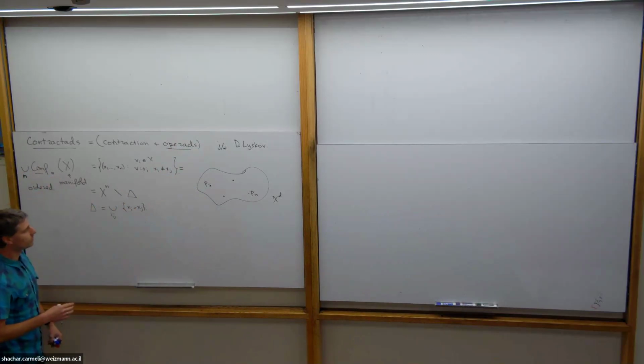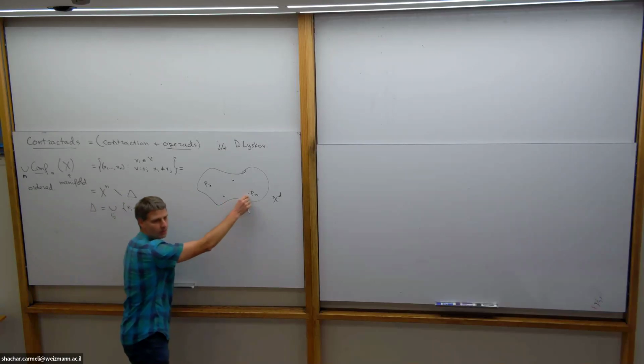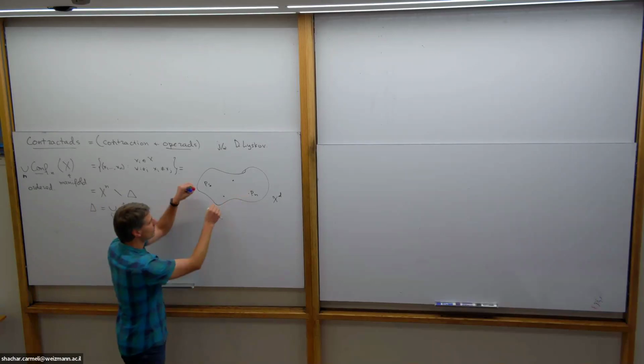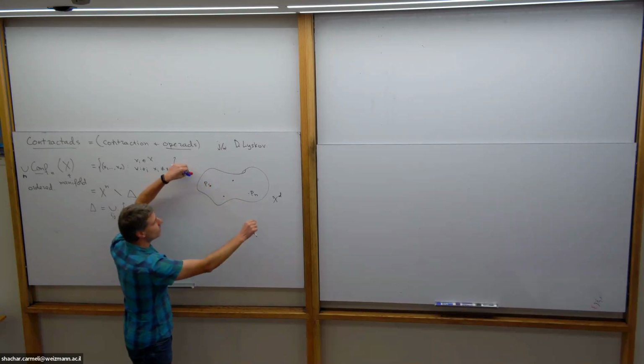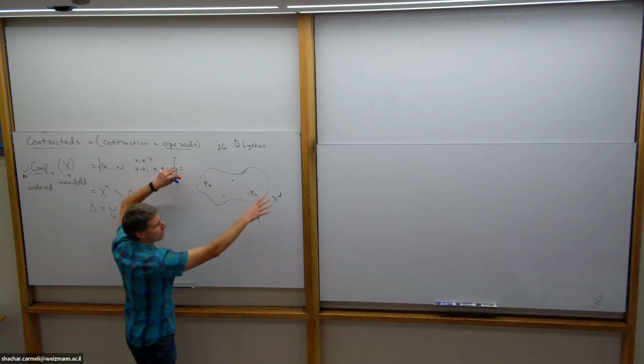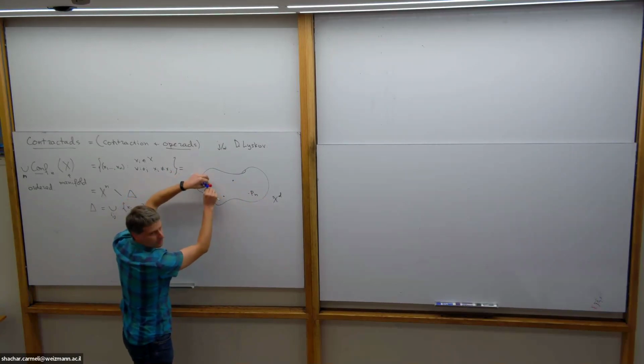Why is it relevant? One way of explaining it is the following. The main geometry happens when the points go closer to each other. When they are far from each other, this is just given by the geometry of X. But then the question is what happens when they are going close to each other?